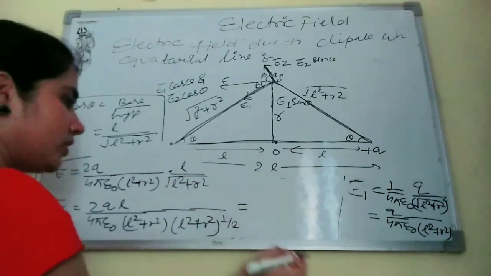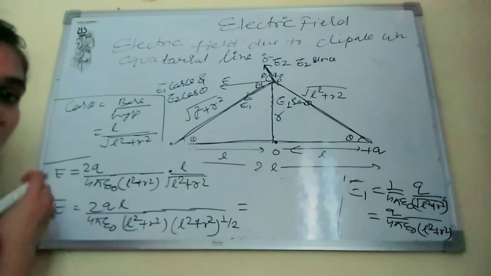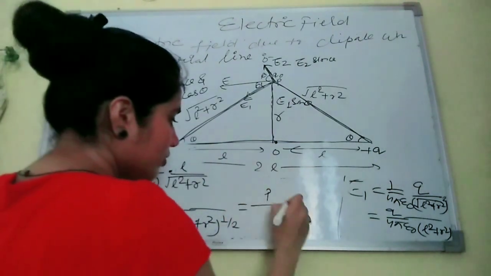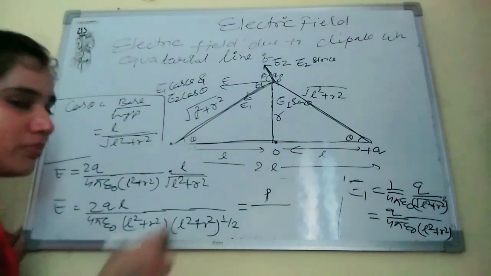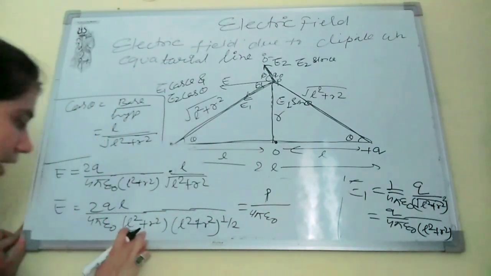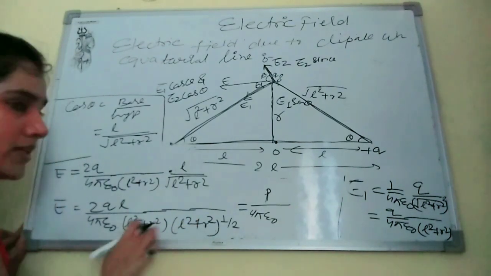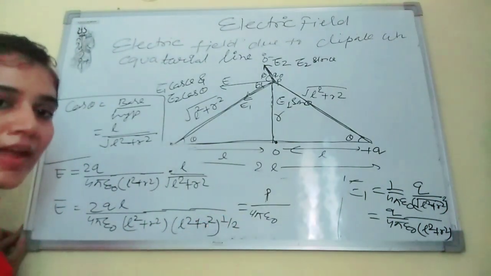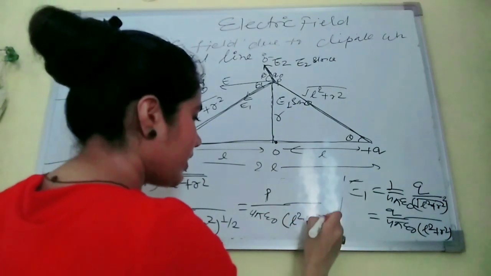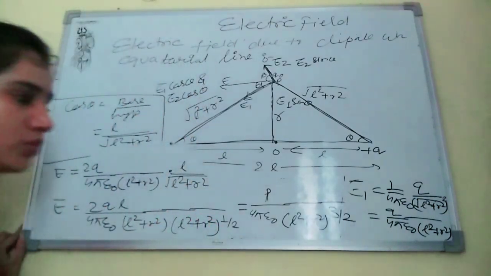Now this 2QL will be the formula of P, the dipole moment, so we simply put here P upon 4 pi epsilon naught, and the L square plus R square bases are similar, so powers will get added and we will get L square plus R square to the power 3 by 2.